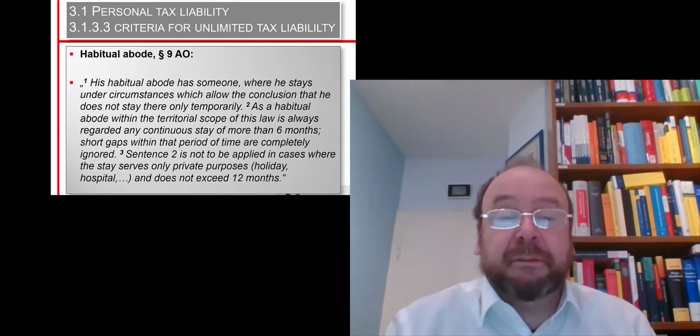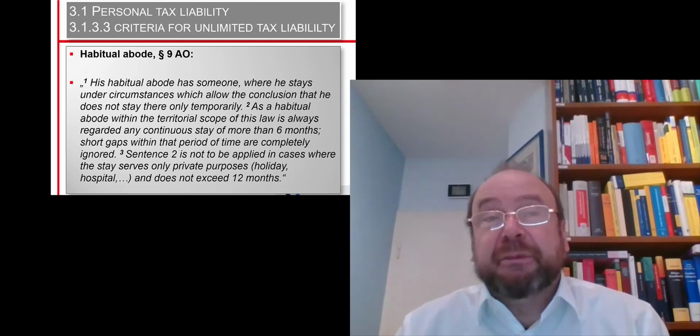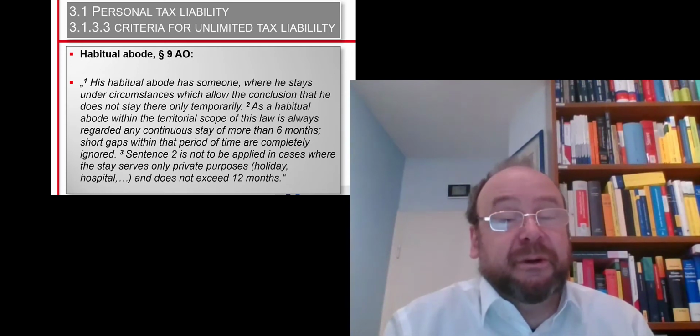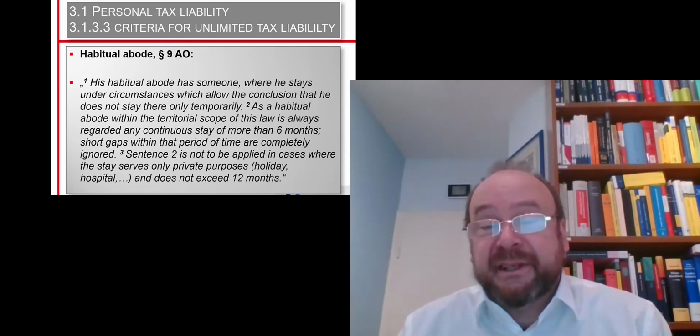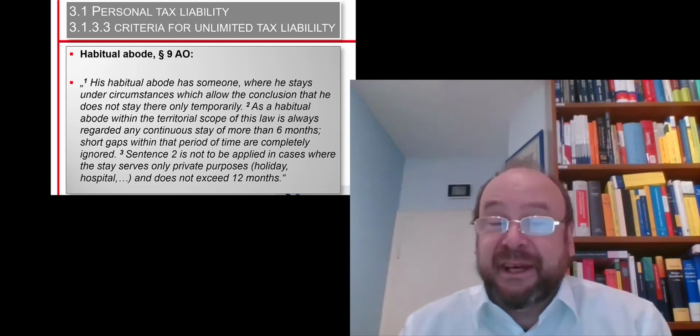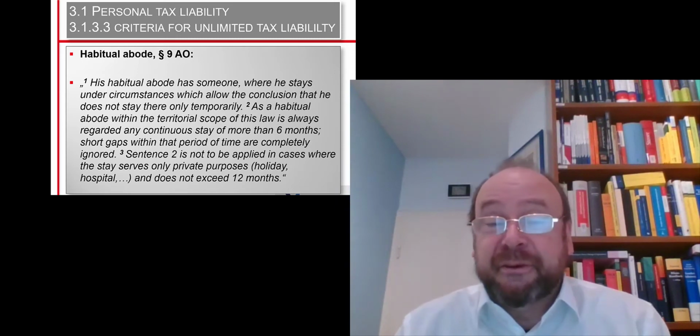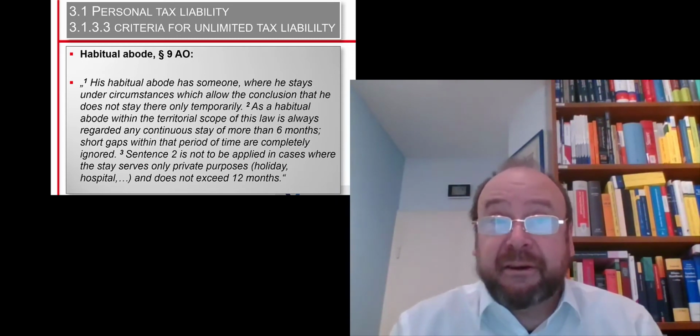So that would be a habitual abode in Germany. If you live in a prison cell, this is not your home, but living in a prison cell with a sentence for murder, for example, justifies the conclusion that you stay there under circumstances which allow the conclusion that you do not only temporarily stay there.